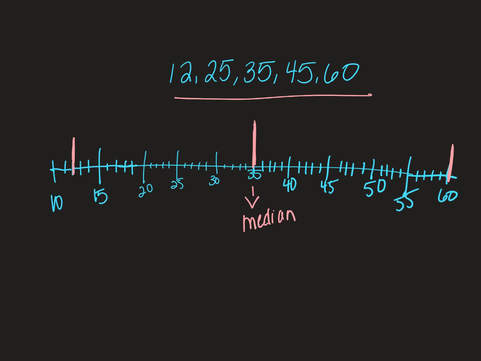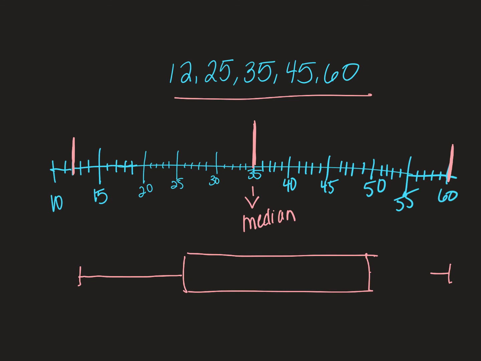Then your chart's going to look like this. You're going to have a small line here, and then you're going to have a box. You're going to have a line here which represents your median. And then this is going to be the first quarter, the third quarter, the minimum, and the maximum, okay?